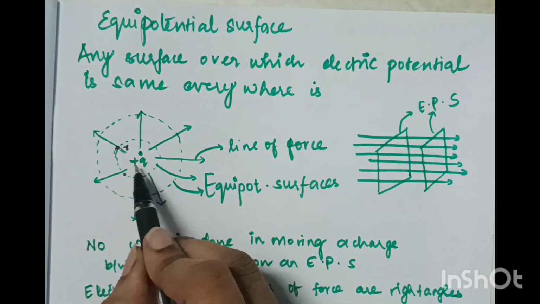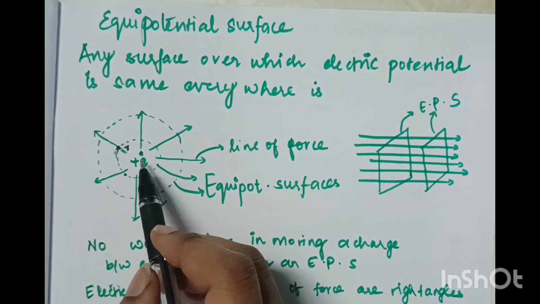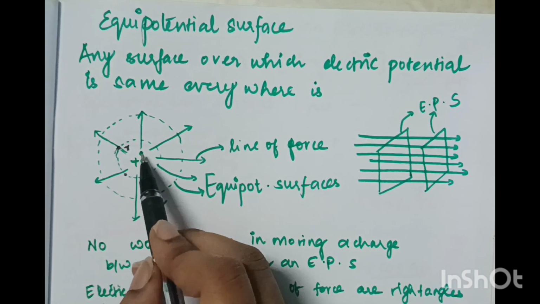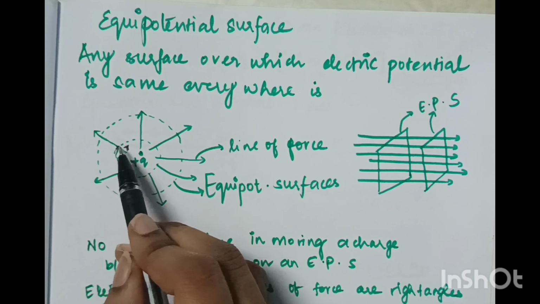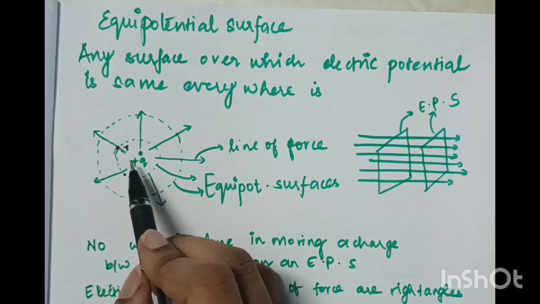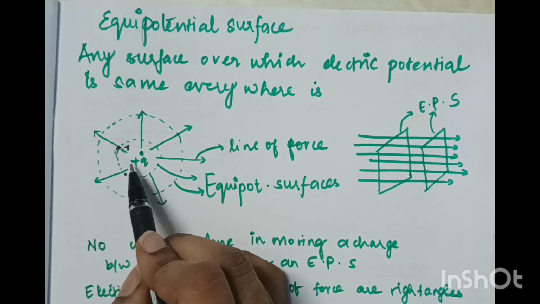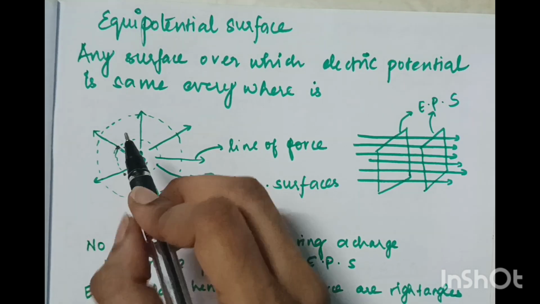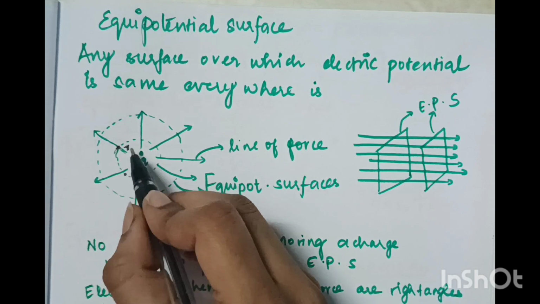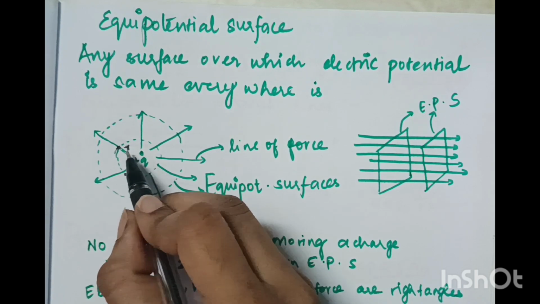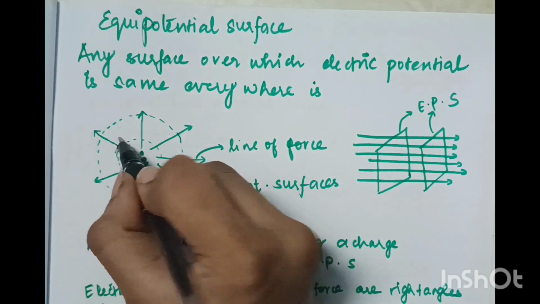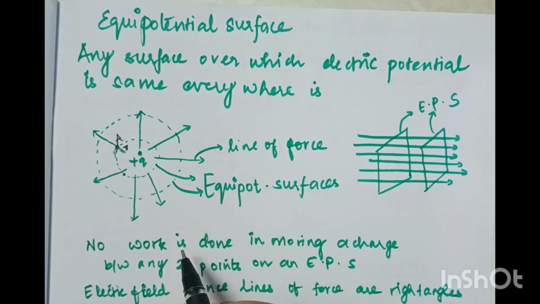So here we have a positive charge plus q, and what is the electric potential because of this positive charge plus q at a distance r? It is kq by r. And if we take this point which is also at the same distance r from the charge q, the electric potential at this point, let us suppose a, is kq by r.